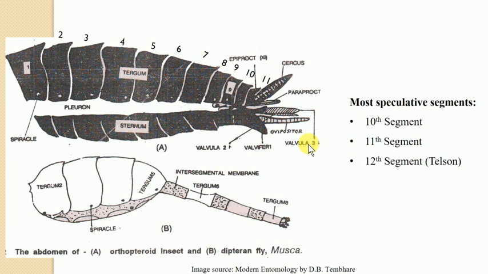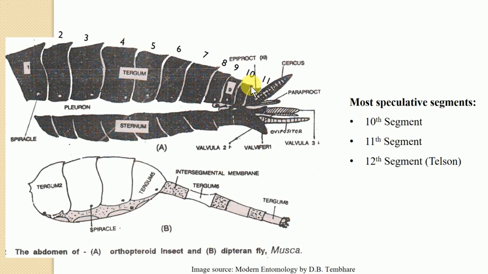So these are the exceptional insect groups which do not contain the 10th abdominal segment. Here you can see the 10th abdominal segment, which is present in all insects except Protura, Collembola, Sternorrhyncha, Cyclorrhapha and Anoplura.